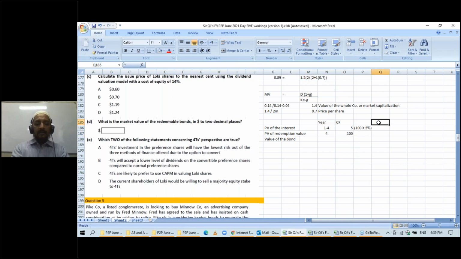Now multiply this by the present value fraction. I'm taking the annuity fraction over here because the cash flows are equal. So the present value will be calculated at 6%, which is the required rate of return.